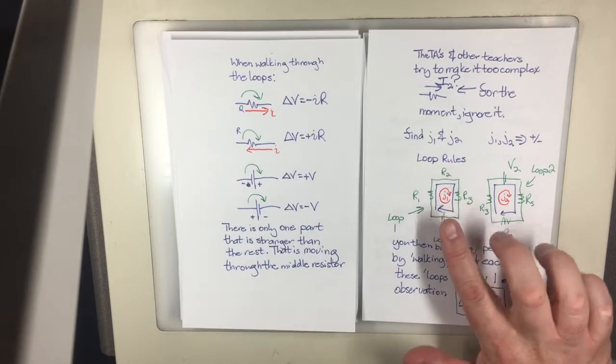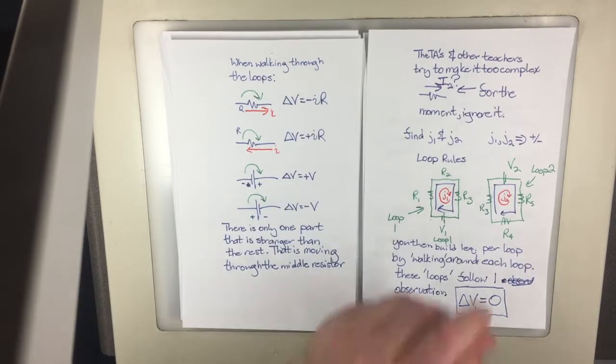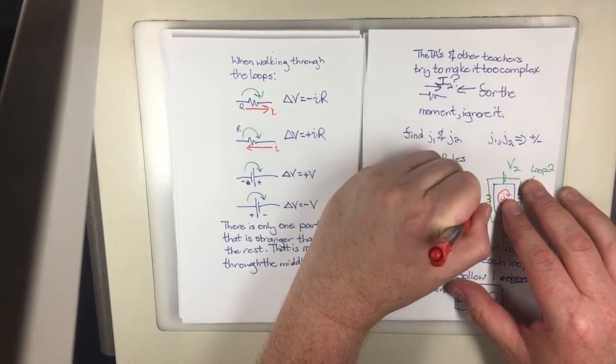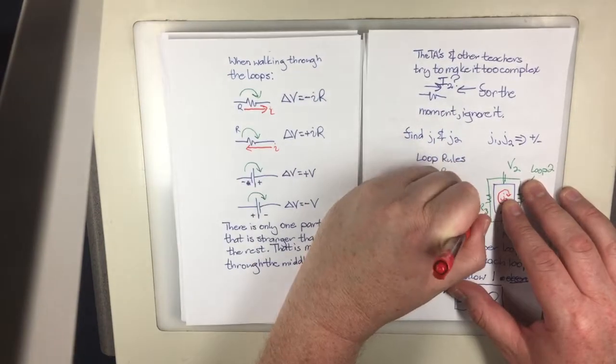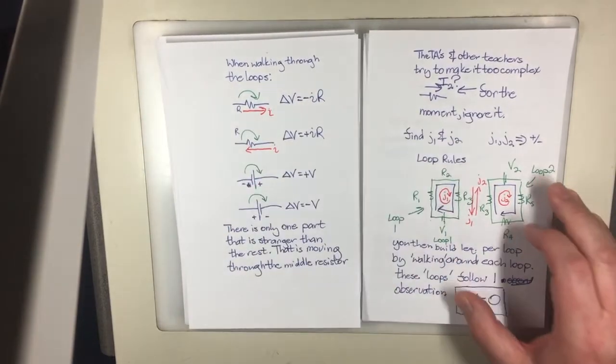drew these two loops separately because I wanted to illustrate more to the point of the loop and you moving through the loop. But the one thing that we really need to remember is that the current in the middle, you've got a J1 coming down and a J2 coming up.